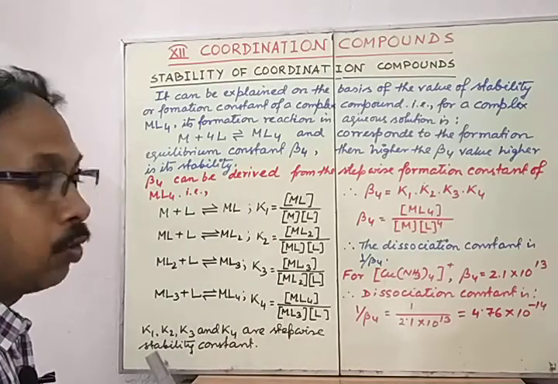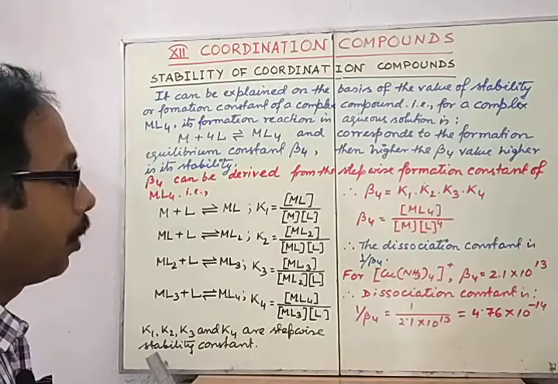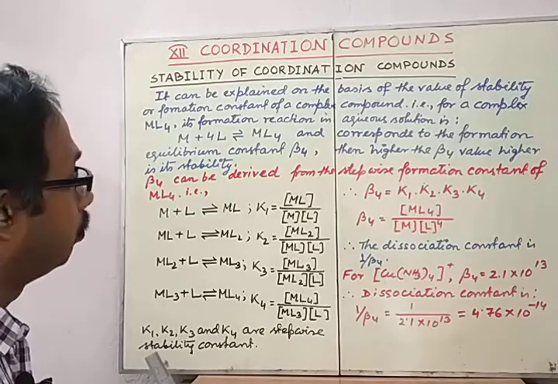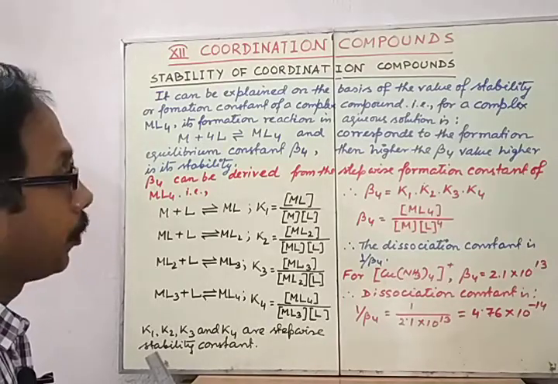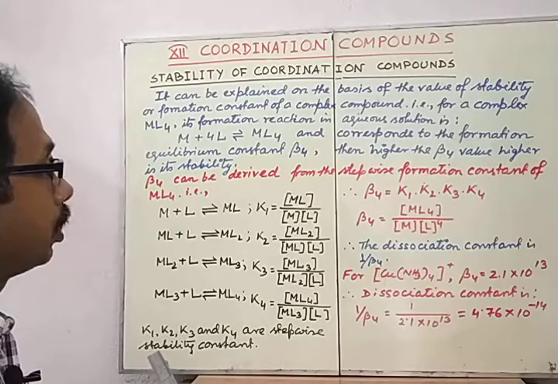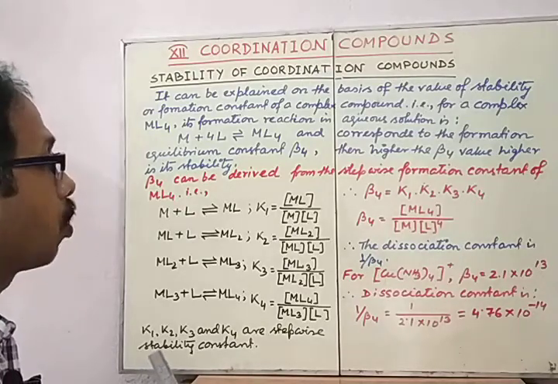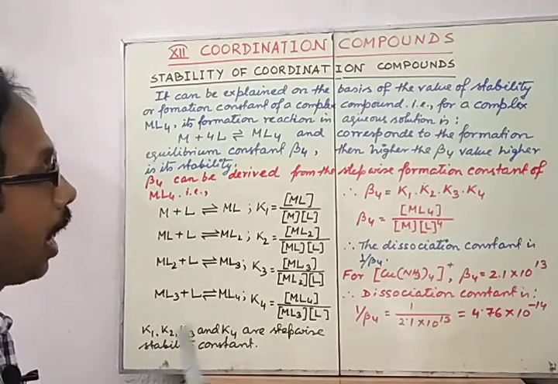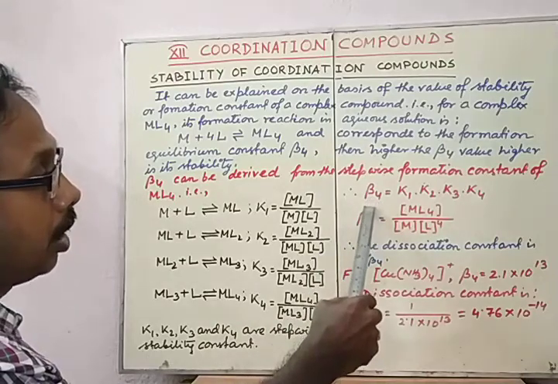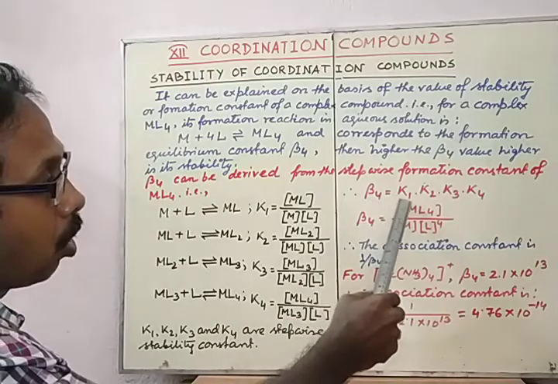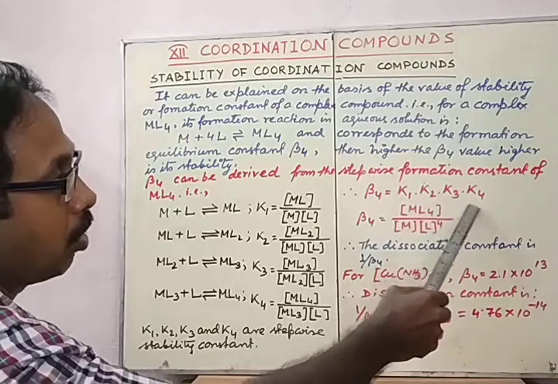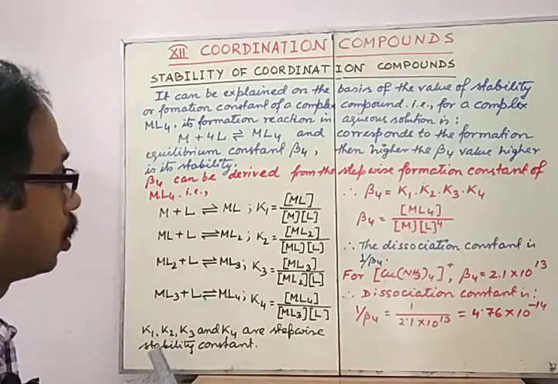Now the value of this stability constant can be determined from the values of the stepwise formation constants of the complex, and beta 4 can be denoted as the product of the stepwise stability constants.